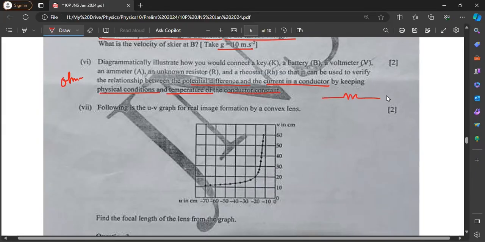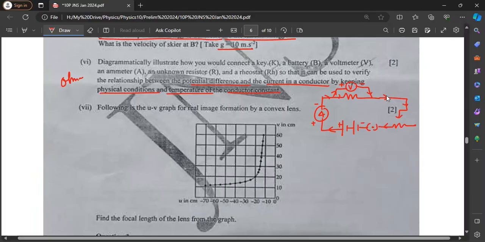You have a resistor, an ammeter, a battery, a key, and a rheostat. You have a voltmeter over here. So this is positive, negative, positive, negative, positive, negative, and then you draw arrows everywhere. So that's the diagram.